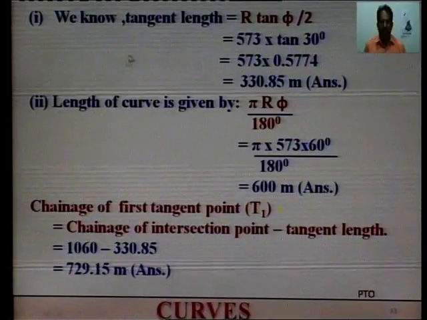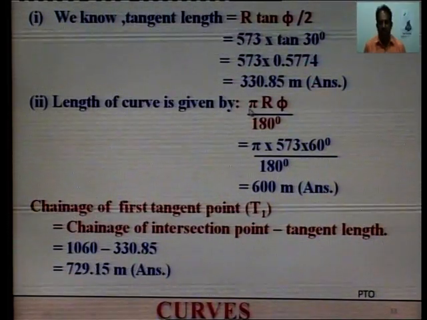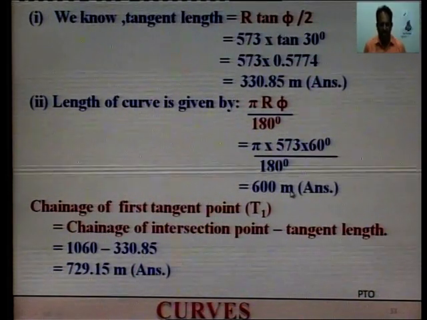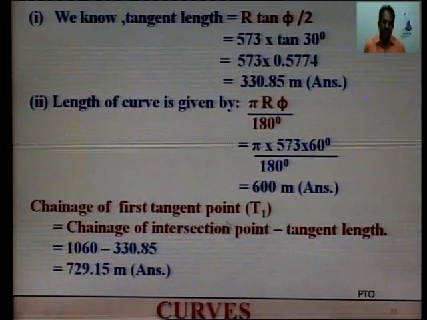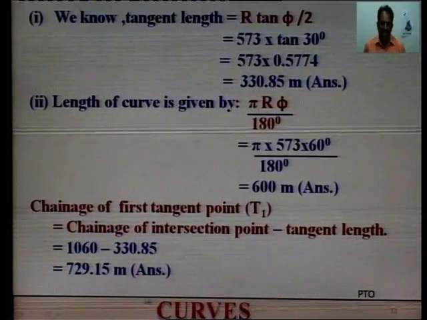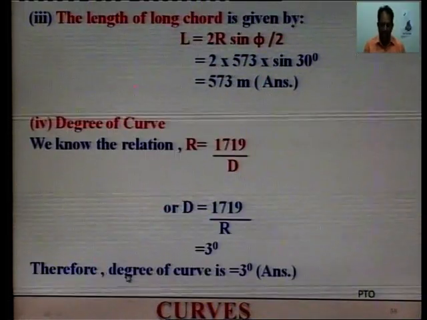Similarly, the length of curve is given by the formula pi R phi by 180 degrees. We know pi, R and phi. So, we calculate it as 600 meters. So, this is very important: how we calculate the chainage of the first tangent point, the chainage of the intersection point minus the tangent length, and this comes out to be 729.15 meters.